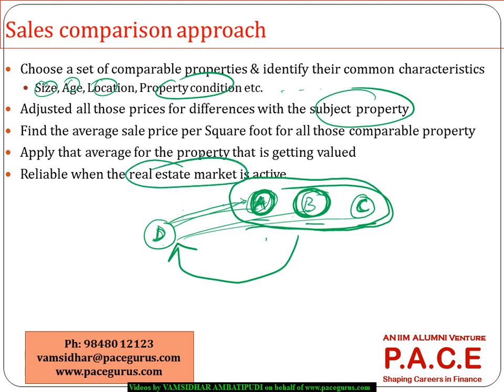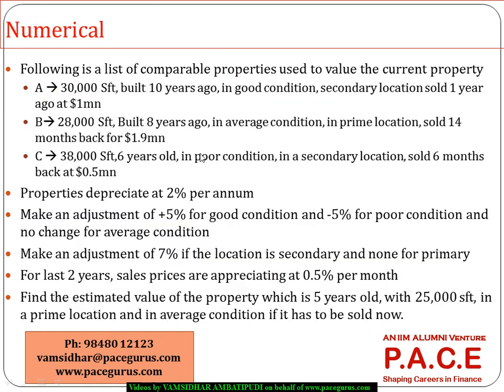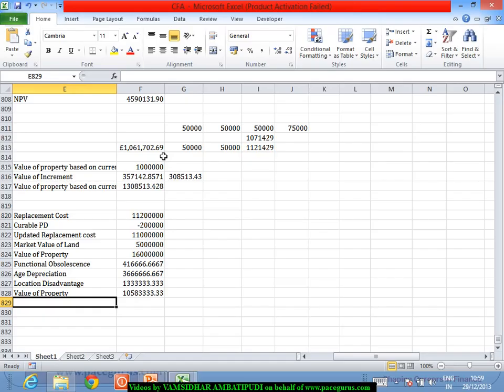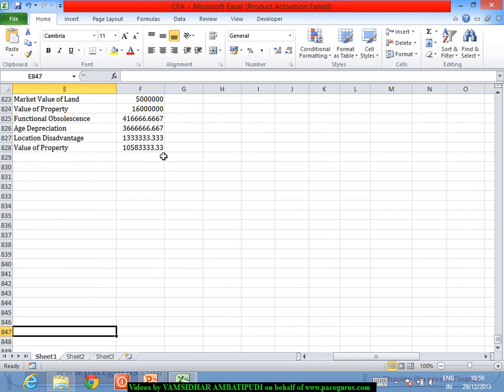Let's look at one example which can give us some insight into this. I am taking three different properties, A, B, C, to evaluate D in this case. I want to find out the value of D using A, B, C as the base. I'll capture all the comparable properties here. First, size.